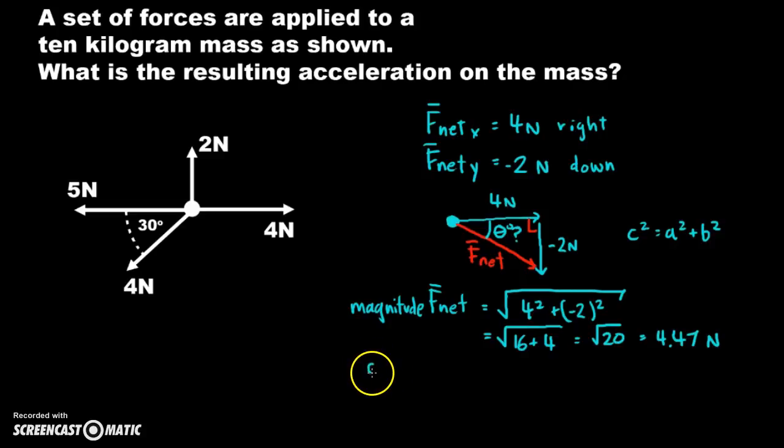The cosine of the angle is equal to the adjacent, 4, over the hypotenuse, which now I know, 4.47. And therefore, the angle is equal to the inverse cos of 4 over 4.47.